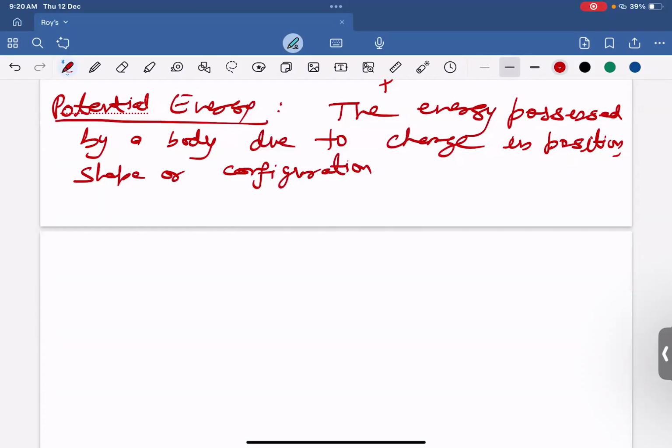The energy produced by a body due to change in position, shape, or configuration is called potential energy.